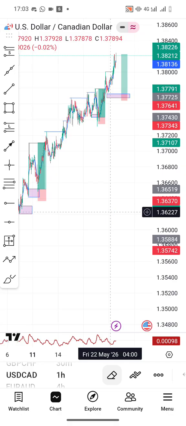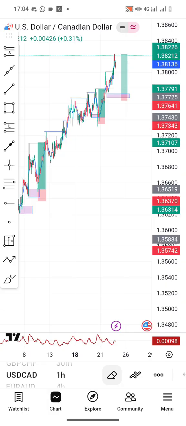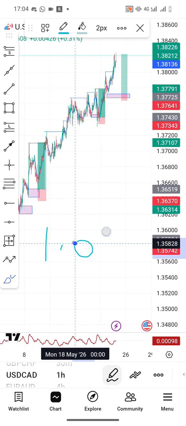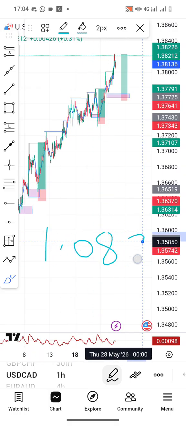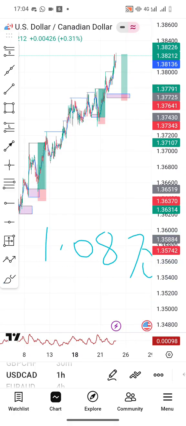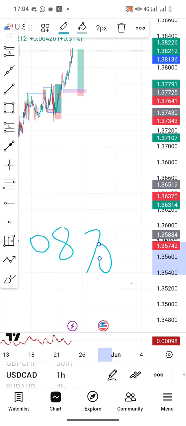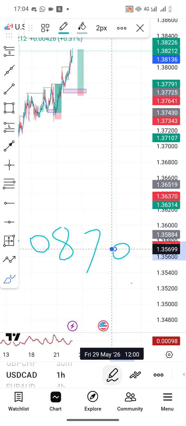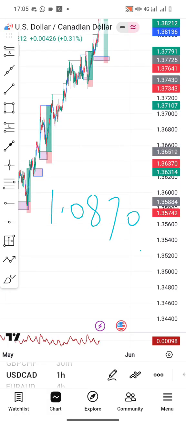So let's say, for instance, you went to the EUR/USD exchange rate and it's showing you something like 1.0870.